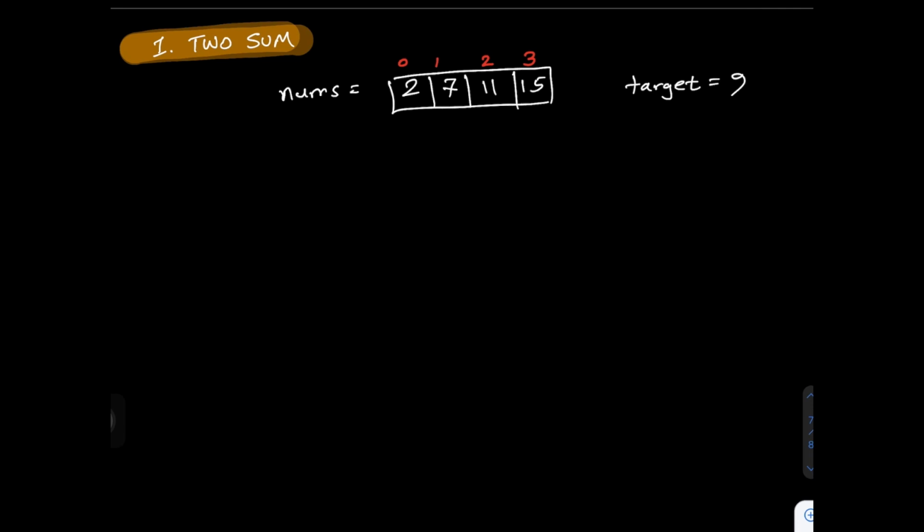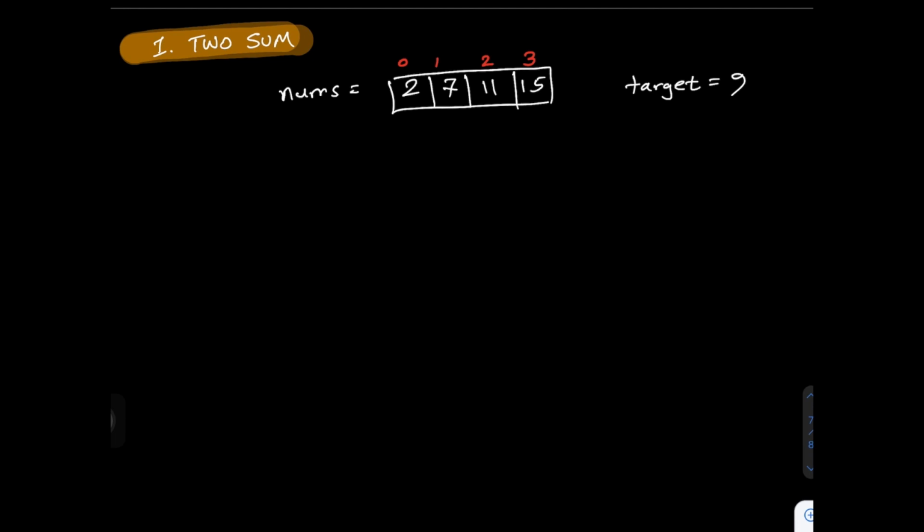It is pretty straightforward in this case. You can see that 7 plus 2 gives us 9, and that means that the output should be an array of 0 and 1, because 0 and 1 are the two indices of the numbers that add up to the target.